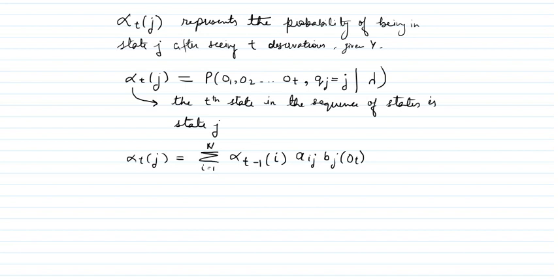Where alpha t minus 1 is actually the just previous forward path probability from the previous step, right? So we are writing this as aij bjot.